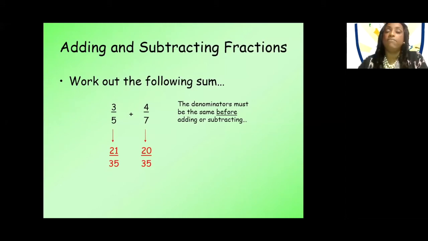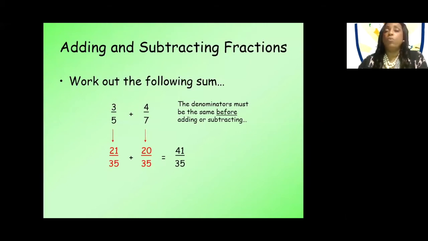Remember, you're only dividing the denominators of those two fractions into this new denominator, which we call our LCM. So we're going to say 5 into 35. How many groups of 5s can I get out of the 35? And then you're going to, of course, multiply the numerator by that answer. In this case, we end up with 21 over 35, and that's being added to 20 over 35.